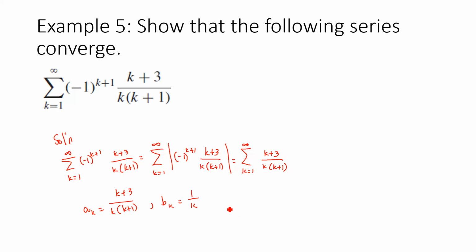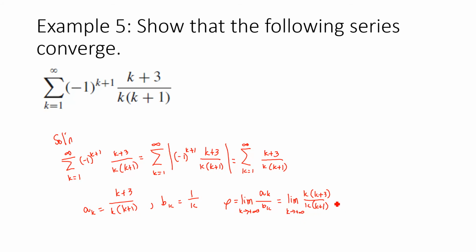So we obtain that rho is equal to the limit of a sub k over b sub k as k approaches positive infinity, which is the limit of k times the quantity k plus 3 over k times k plus 1 as k approaches positive infinity.